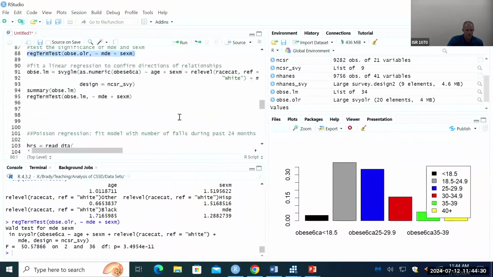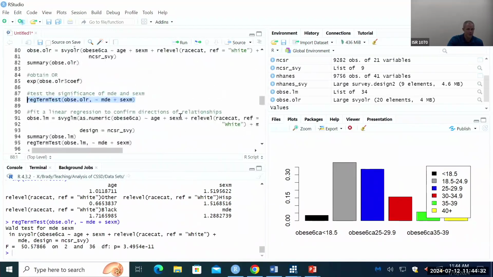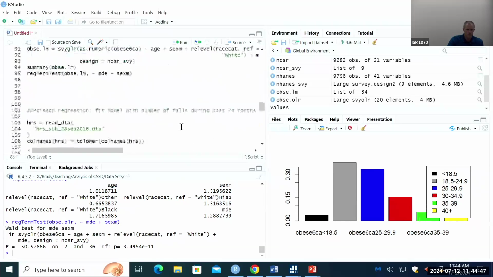So again, unfortunately, no design adjusted version like gologit2 to test that assumption, but that's how you would fit these ordinal logit models within the survey package. There's definitely some work to be done there in terms of model evaluation and so forth.